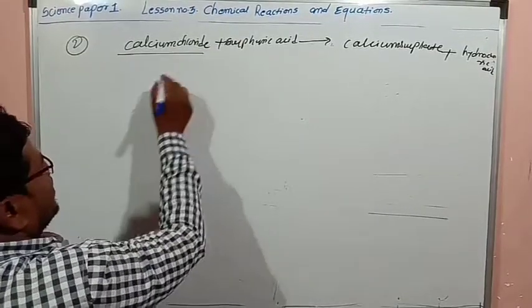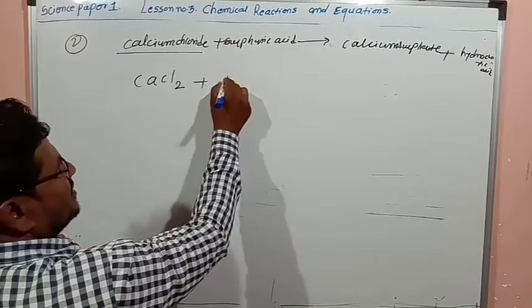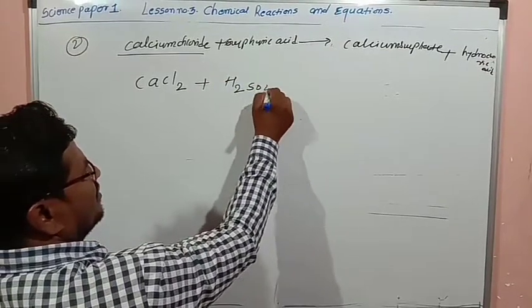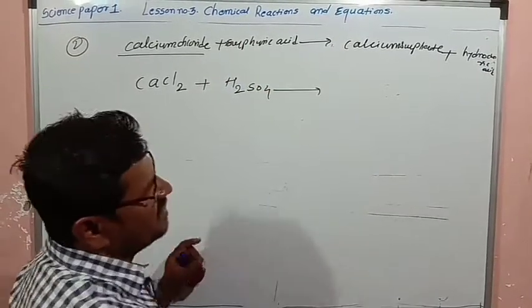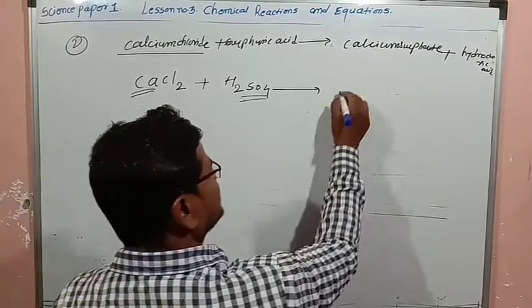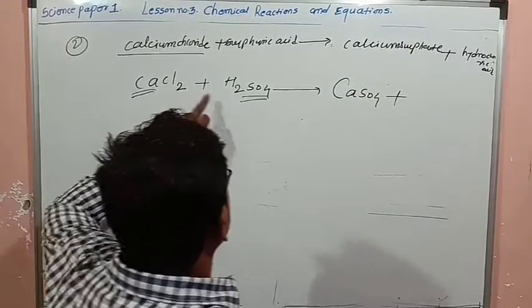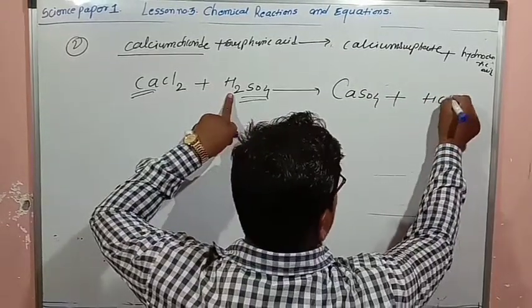So calcium chloride CaCl2 plus sulfuric acid H2SO4 gives calcium sulfate CaSO4 plus the remaining HCl.